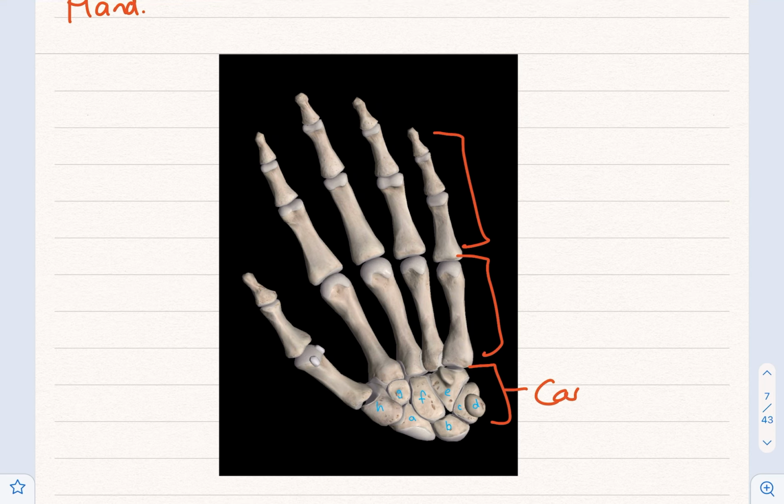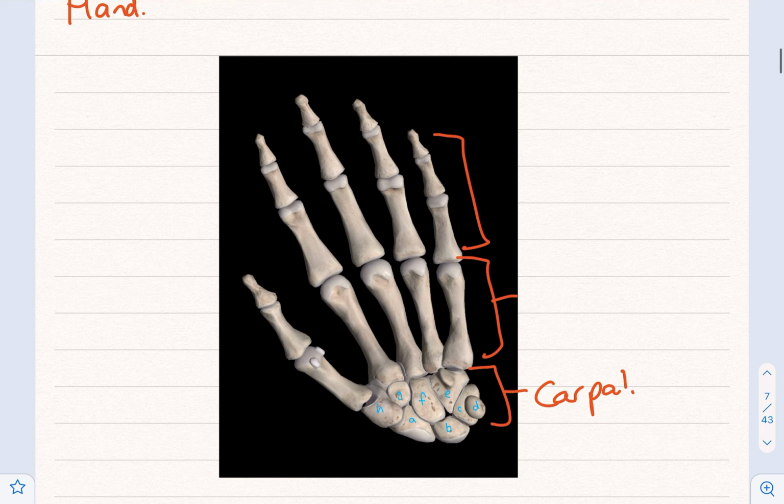This is the carpal bones. This one is the metacarpals. This one is the phalanges. Okay, that's basically the way you're going to divide them up.